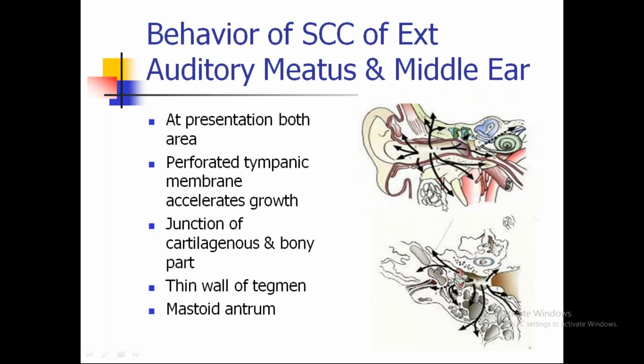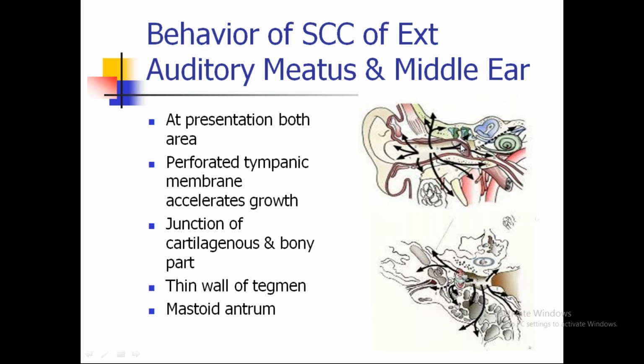So how do they extend or invade the other tissues? Whether it is a squamous cell carcinoma of the external auditory meatus or of the middle ear, at presentation both areas will have a perforated tympanic membrane.